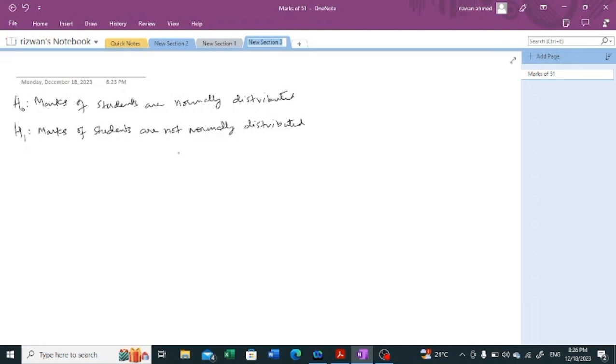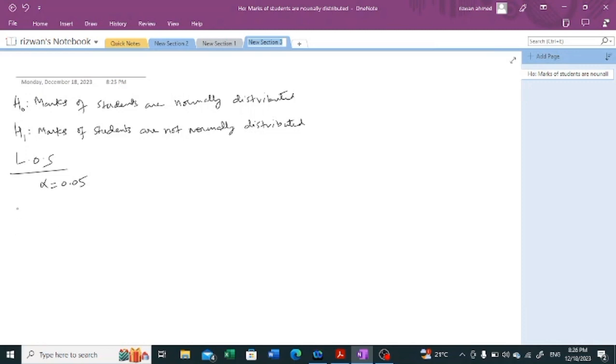And let's suppose we are asked to perform this test at the 5% significance level. So we denote or mention it in this type of level of significance.